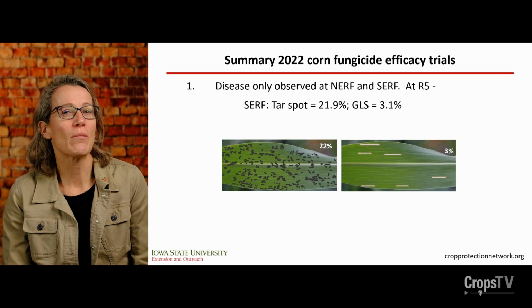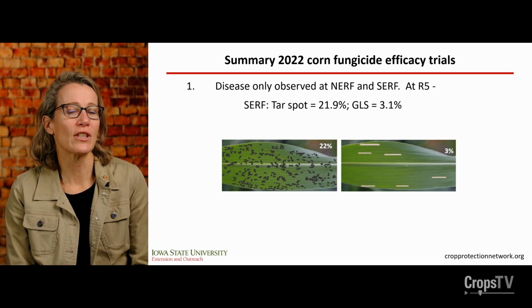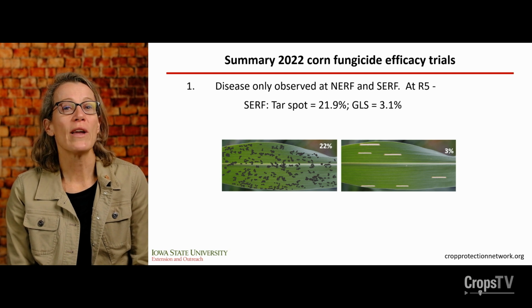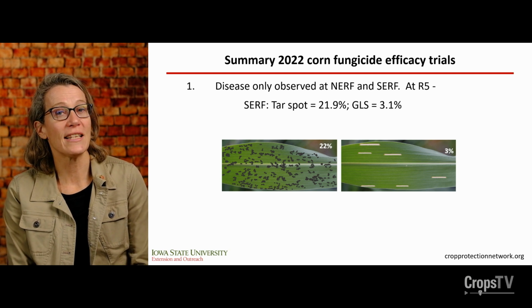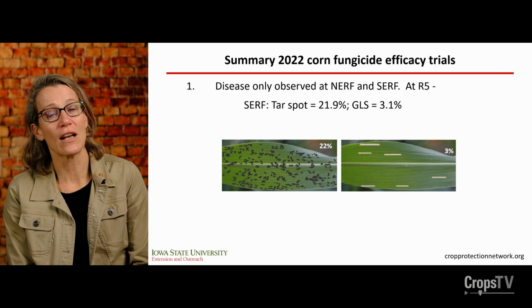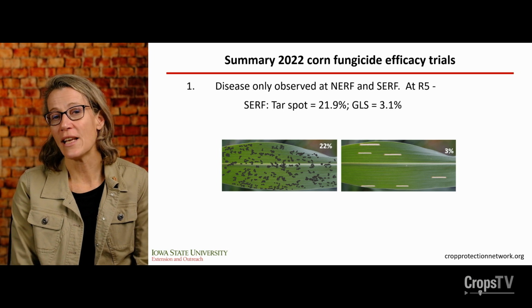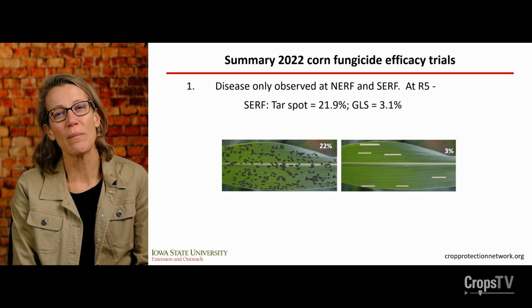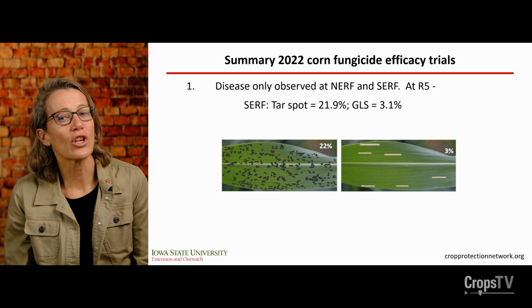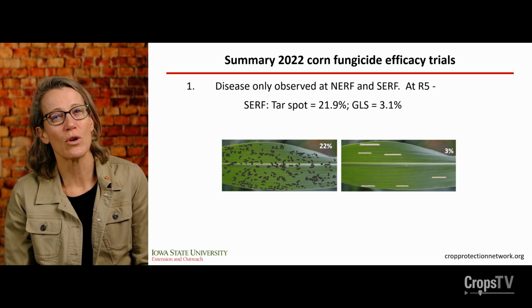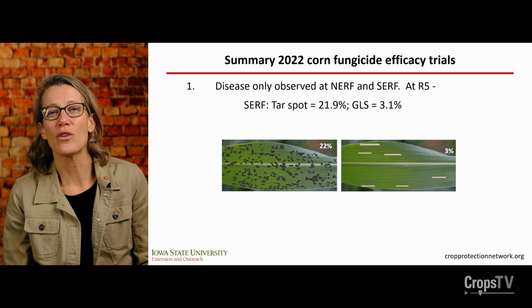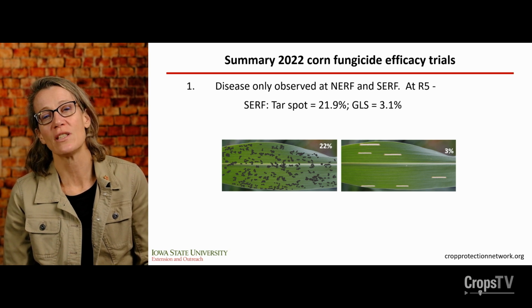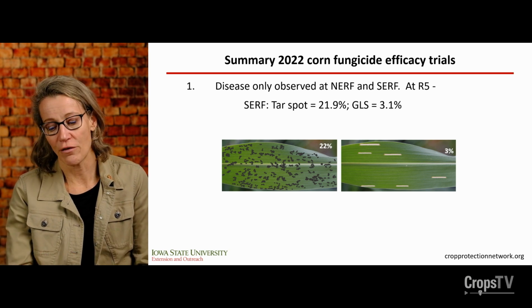Okay, so just to summarize the corn fungicide efficacy trials here from Iowa, we only observed disease at the Northeast and the Southeast Research Farm. And so at R5, the Southeast Research Farm, the tar spot on the ear leaf was about 22% and gray leaf spot was about 3.1%. And I've put in some cartoons there from the cropprotectionnetwork.org just so that you can visualize what that amount of disease looked like at SURF.